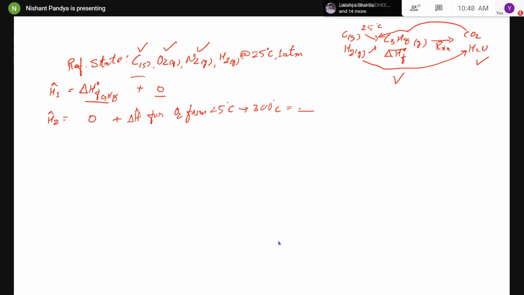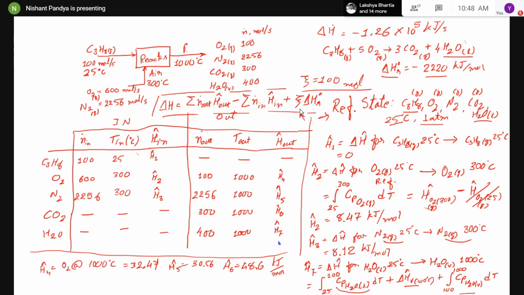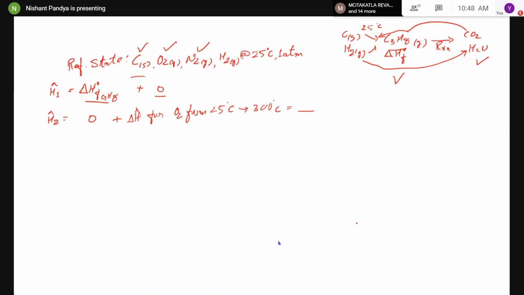Before, we got H2 cap as 8.47, so H2 cap will remain the same. By chance it is 8.47. For an element, the enthalpy of formation is 0, so this is 8.47. Similarly, H3 cap is also the same. It is N2, nitrogen at 300 degrees Celsius, so the enthalpy of formation is 0 plus the enthalpy change from 25 to 300.